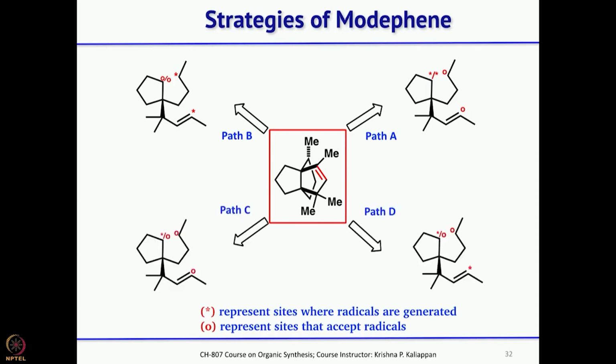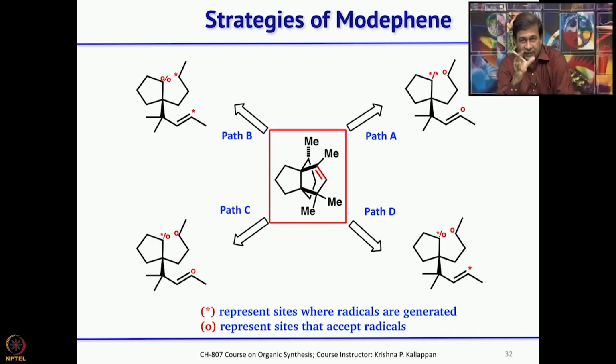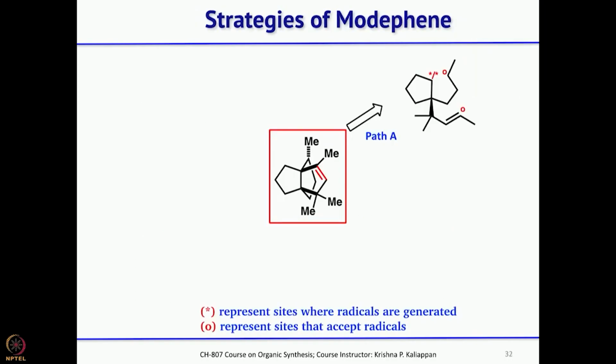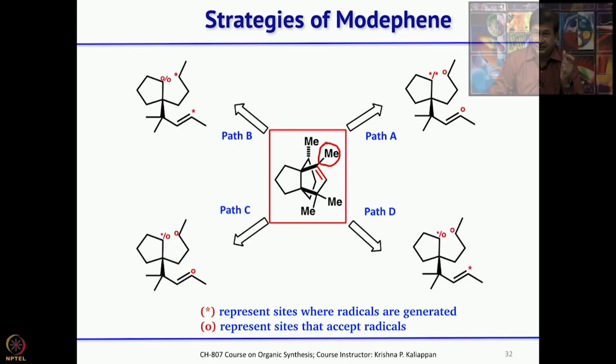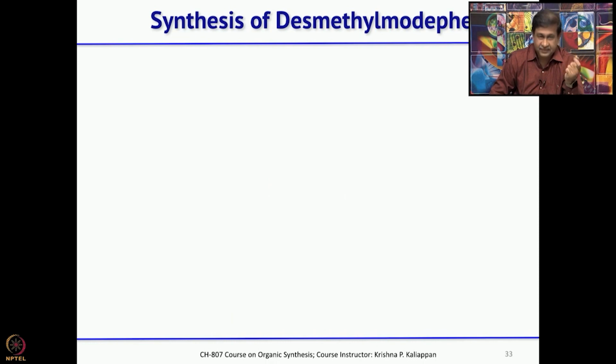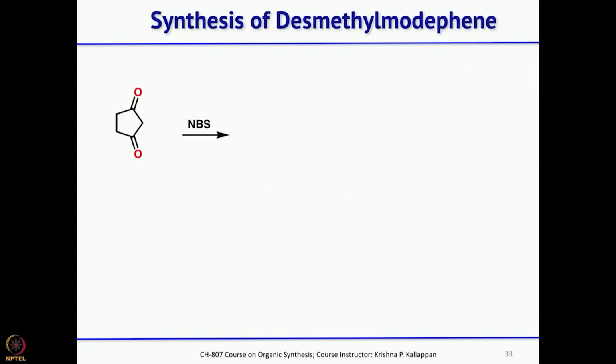He thought about 4 different strategies, but let us not go into the details of these. He wanted to make it first without this methyl group, to check his strategy, so that is the synthesis of des-methyl modhephene.